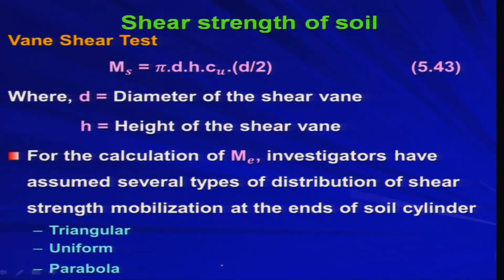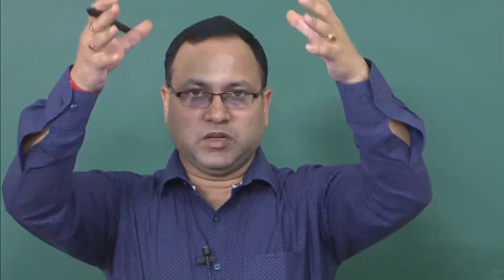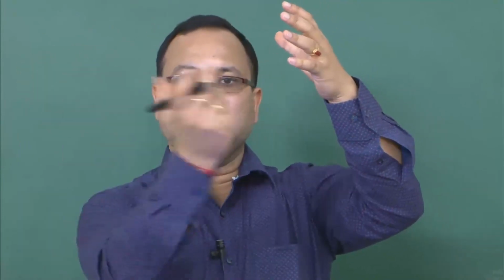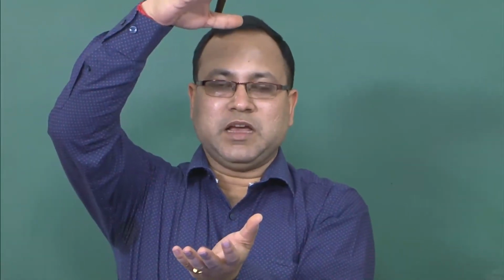So, now we are going to find out the expression for Ms. What is Ms? Ms is nothing but the side resistance developed at the vane surface, the vane sides. So, Ms is nothing but pi d, that is pi into d, the periphery, into h. That will give you a cylindrical surface, because the vanes are rotating. The height of the vane is small h and the diameter of the vane is small d.